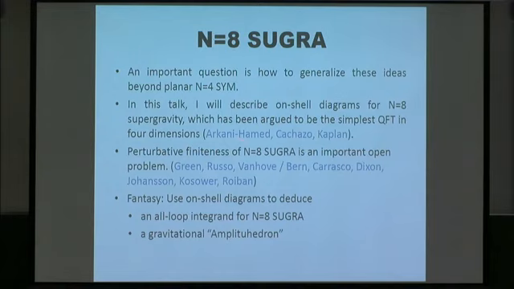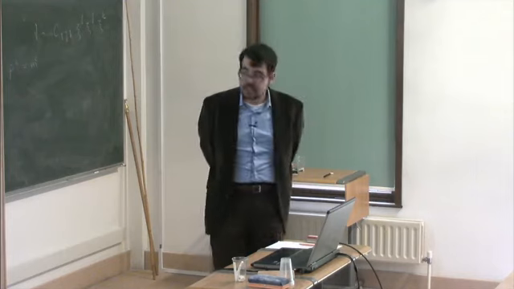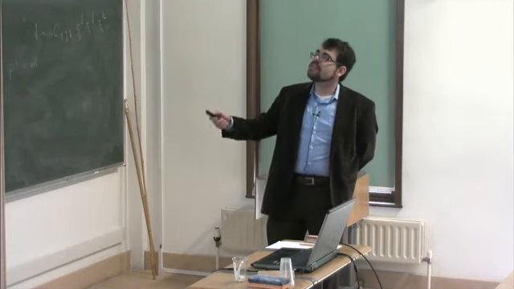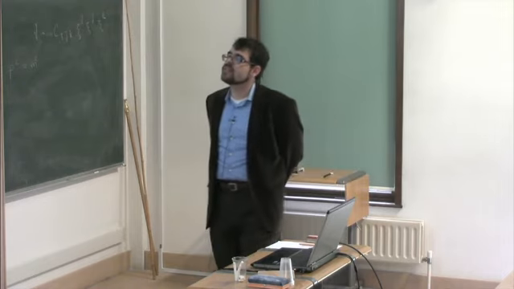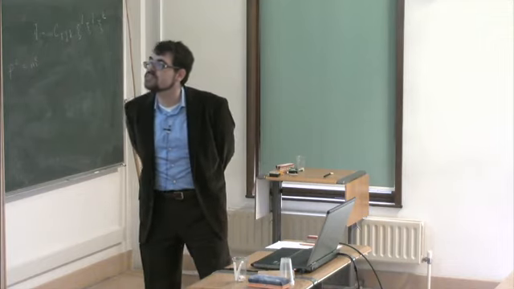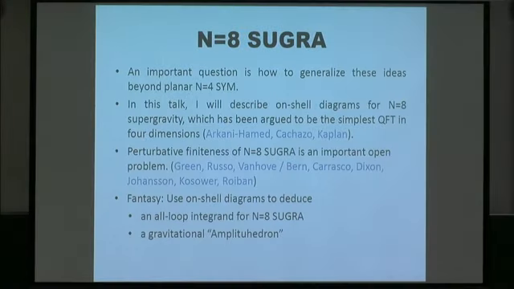Because if it is, it's certainly unclear what would be the underlying symmetry or dynamics that would give rise to perturbative finiteness, although some important hints are provided by color-kinematics duality. And so the fantasy, I guess, that I'm pursuing here is to actually use on-shell diagrams to perhaps deduce an all-loop integrand for N equals 8 supergravity, analogous to the all-loop integrand of N equals 4 super Yang-Mills, which I would think provides some insight into the question of perturbative finiteness.